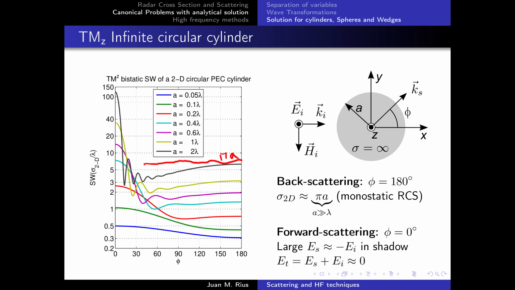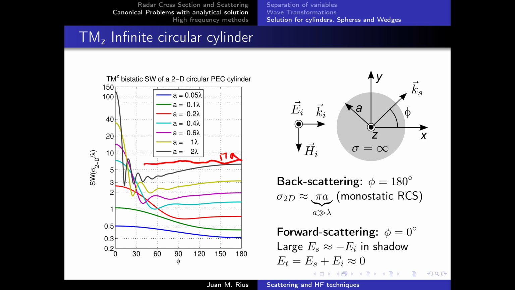Pi a in this case, for a equal to 2 lambda, pi a is 6.3. So here we have 6.3. For a equal to lambda, pi a is 3.14. So here we have 3.14. So we have a constant value approximately equal to pi a in high frequency for almost all directions of observation except forward scattering.